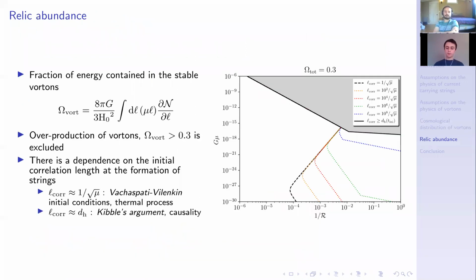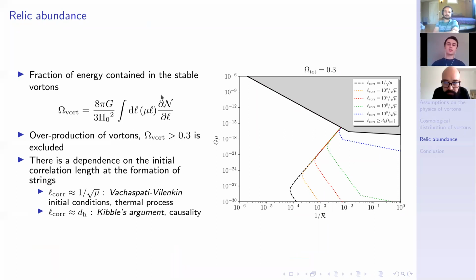So now that we have calculated the number of photons in the universe, you can estimate the energy contained in those photons, and that energy scales more or less like matter. So they could act as a dark matter candidate. And to estimate that, we calculate the fraction of energy contained in those stable photons.